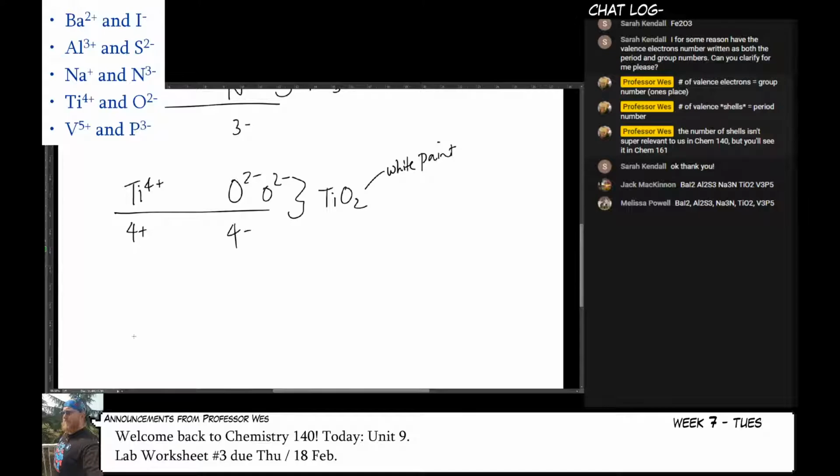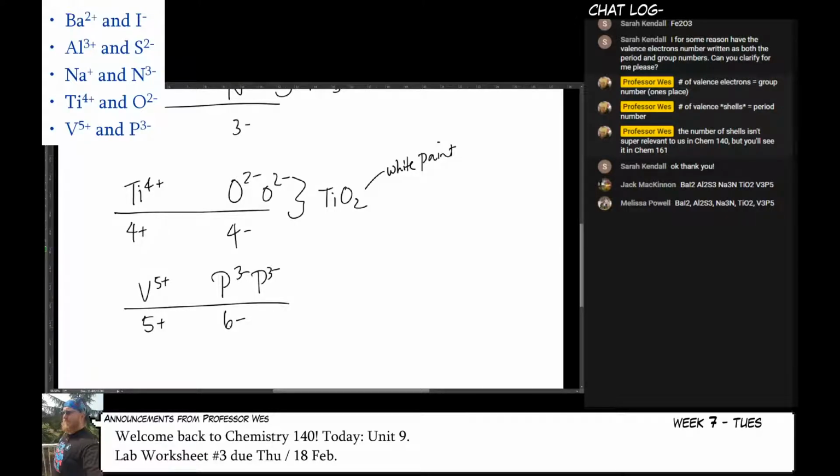And then for vanadium and phosphide, sorry. I don't know how to write the letter P, apparently. There we go. So I need more negative, so we'll do this.